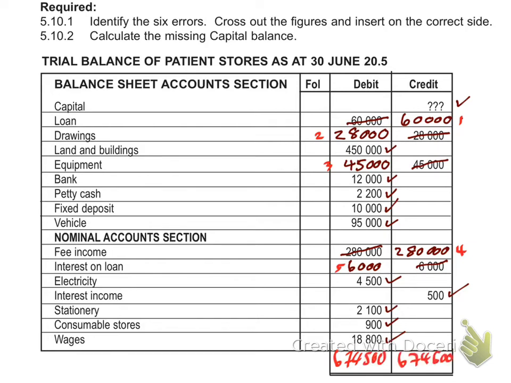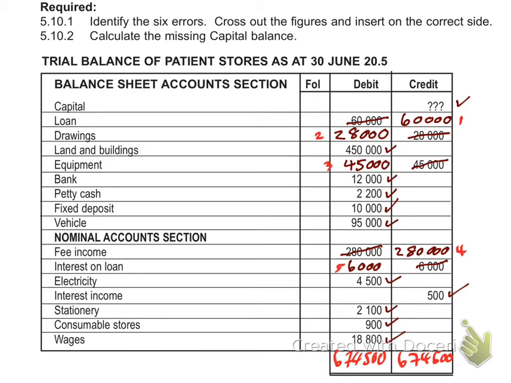You got something else? So we said both totals must be equal. Since the debit side definitely is going to be bigger because we've got a missing capital amount, let's add up the credit side and see what we get. We've got 60,000 plus 280 thousand plus 500.